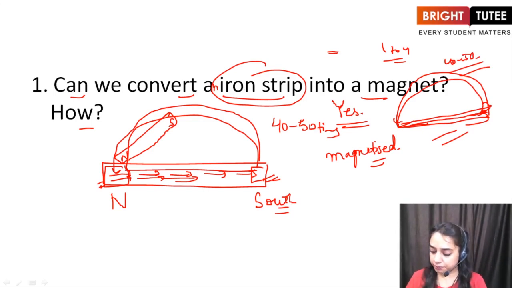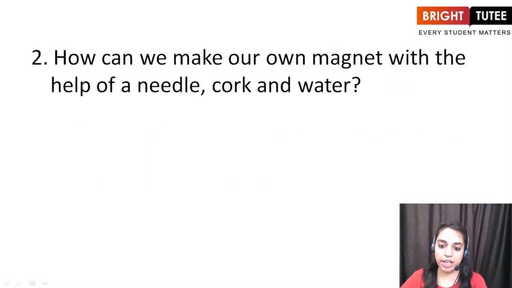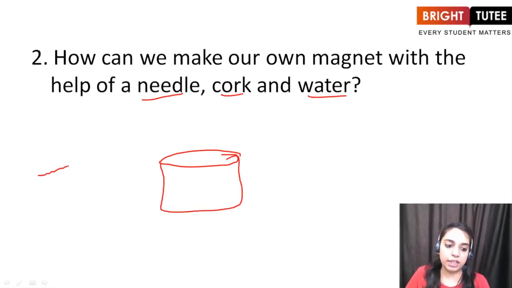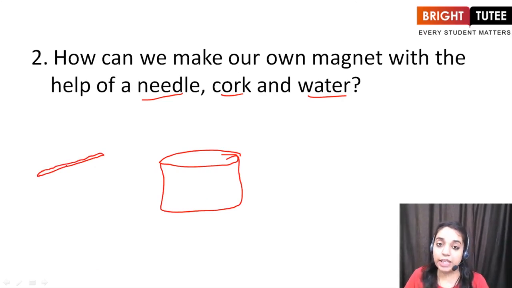Okay, now let's move to the next question, which is how we can make our own magnet with the help of a needle, cork and water. So children, what we are going to do is we will take a cup of water, okay, and we will take a needle and we will start. The first step here is to magnetize this needle.